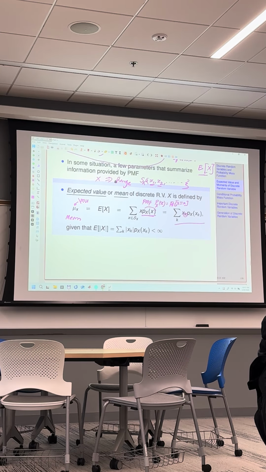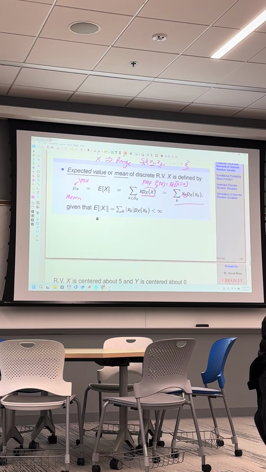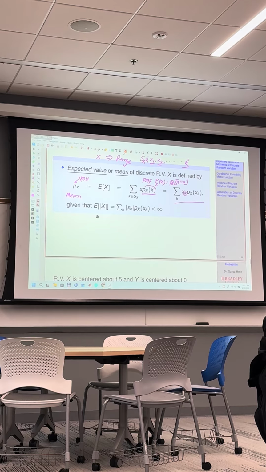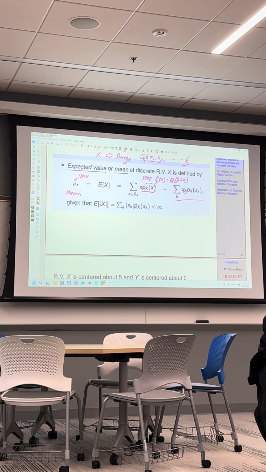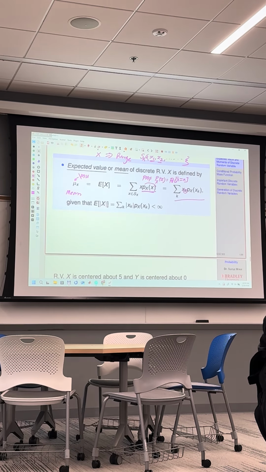The other important property of this expectation is that, even though the number of trials could be infinity, the expectation has to be finite. It cannot be infinity. The expectation has to be a finite value, a simple number. So that's why this is the absolute value.